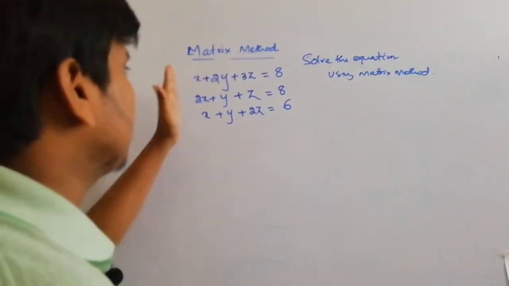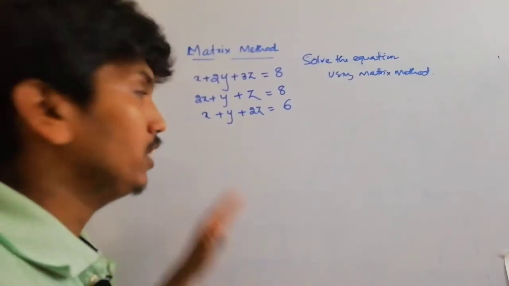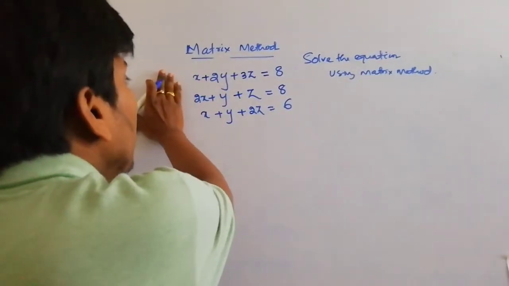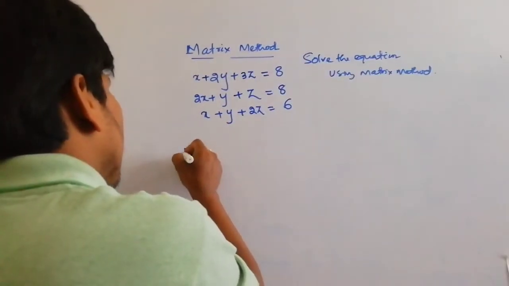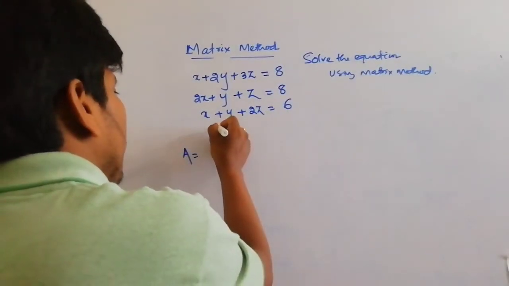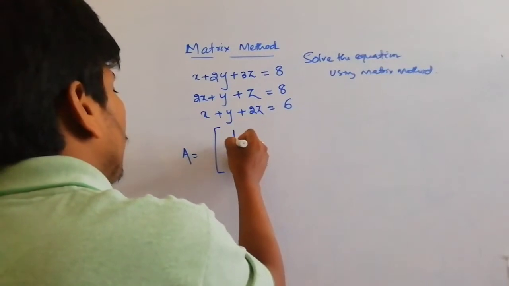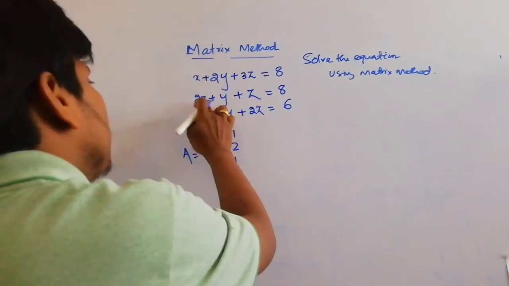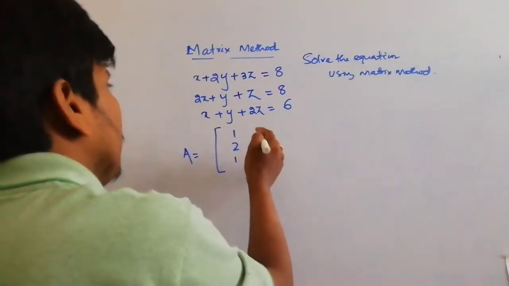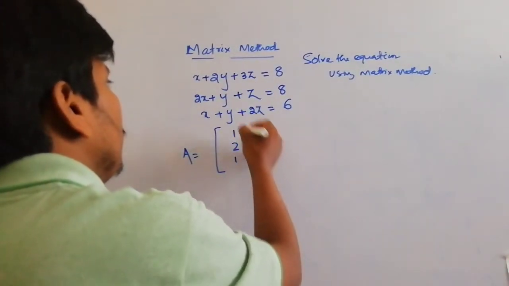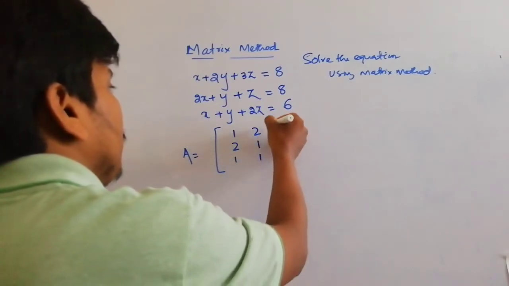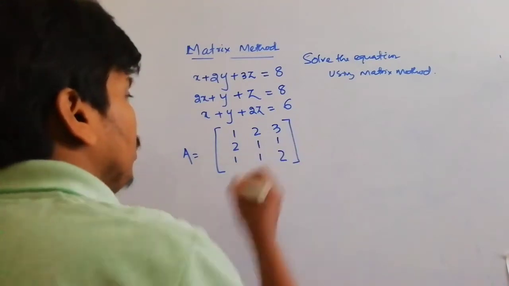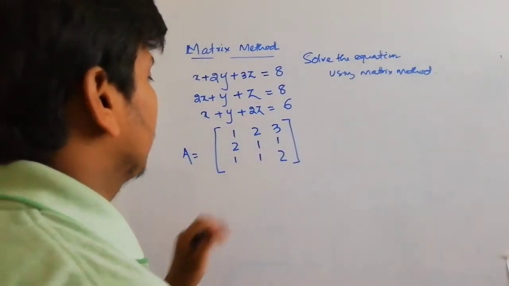Okay, first thing you have to find out is the coefficient matrix. A is called the coefficient matrix: the first row is 1 2 3, then 2 1 1, then 1 2 1. This is the coefficient matrix.